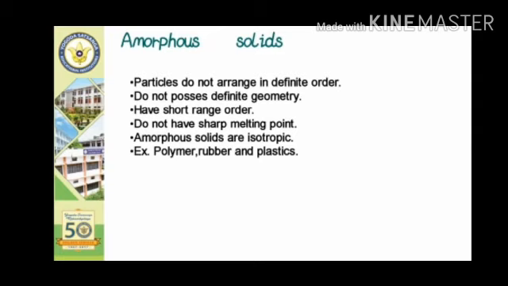Actually, here the particles are randomly arranged and disordered, due to which all the directions are equivalent. Hence, all the properties remain the same in all the directions. These types of solids do not possess definite geometry and sharp melting point.